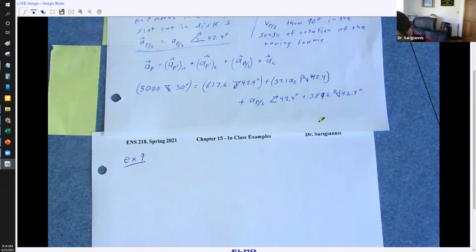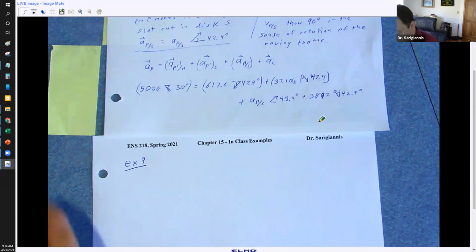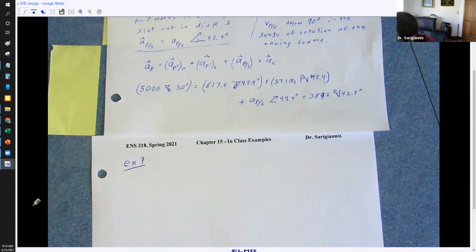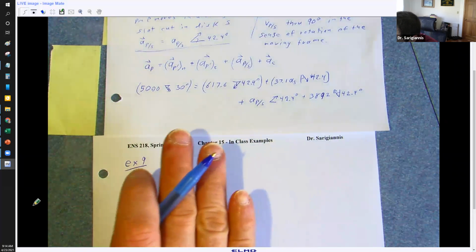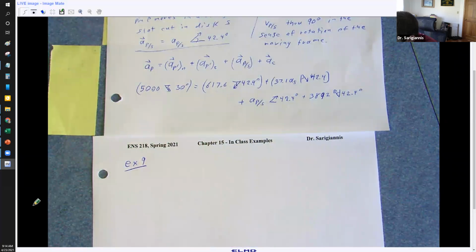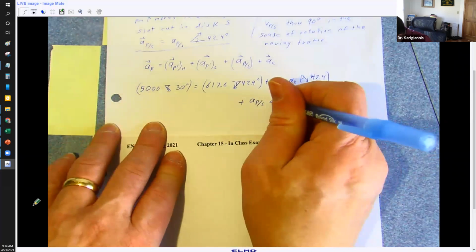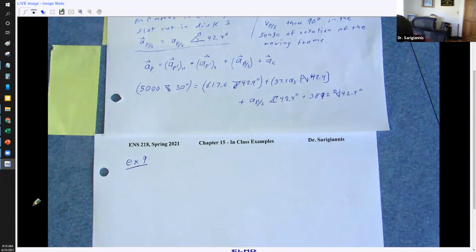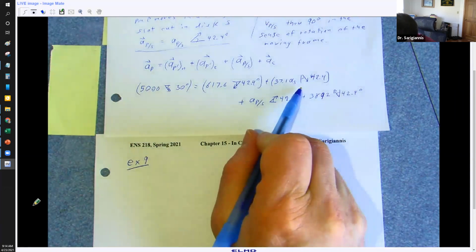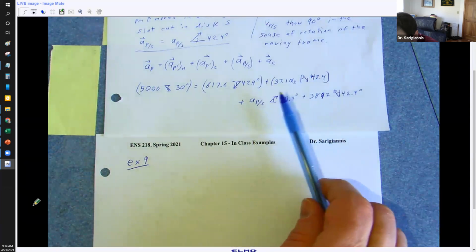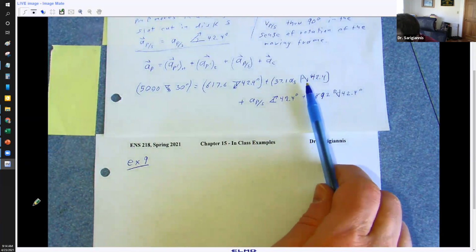All right, let's see. Before I do anything else here, there's two things you can do. You can look and see that A of P with respect to S is perpendicular to the slot, right?